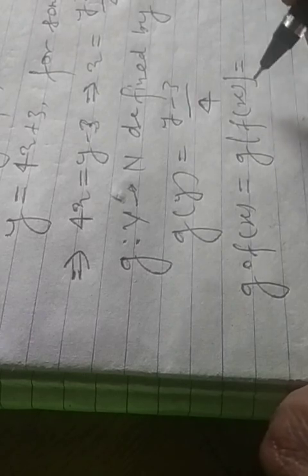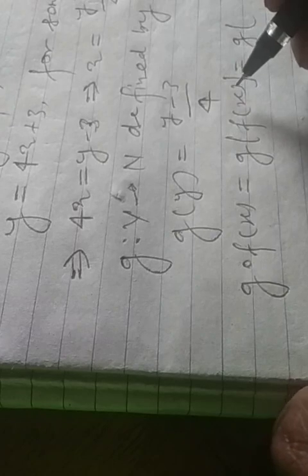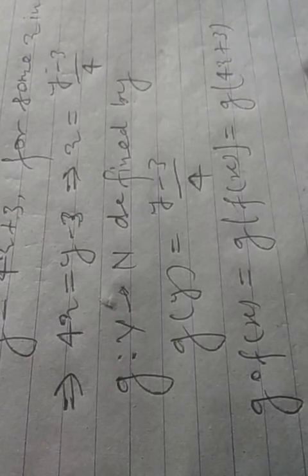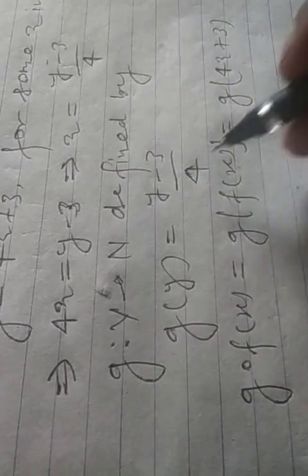We can write here g of f(x), that is g of y, where y is equal to 4x plus 3. We have to put f(x) is equal to 4x plus 3. Now we have g(y) is equal to (y minus 3) by 4.